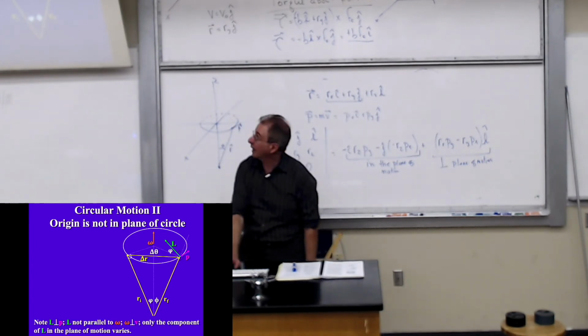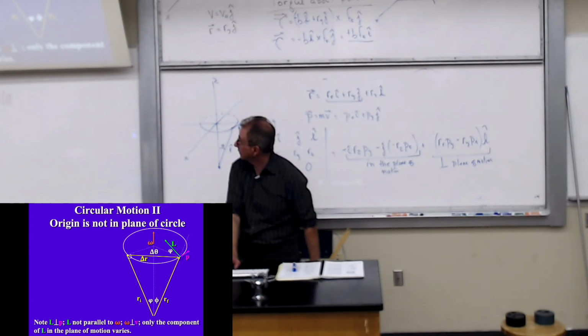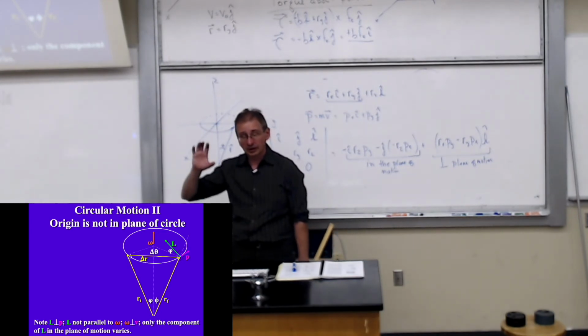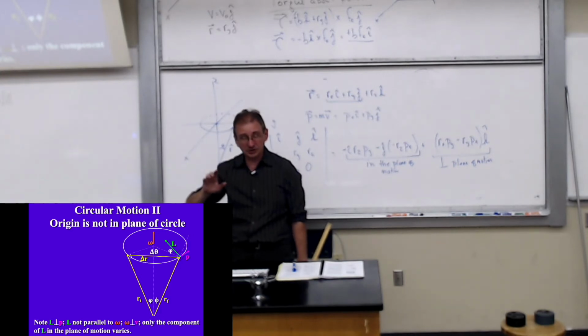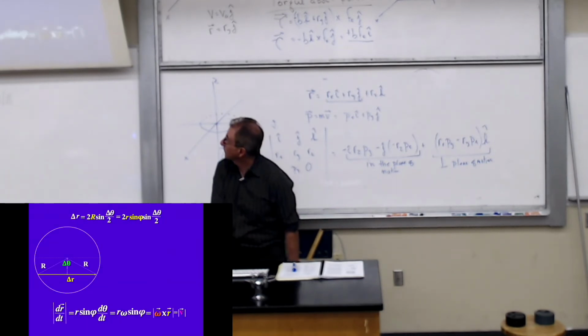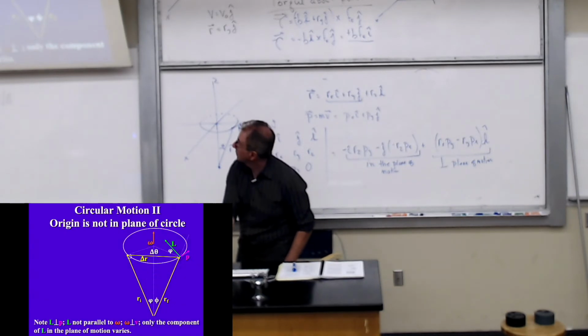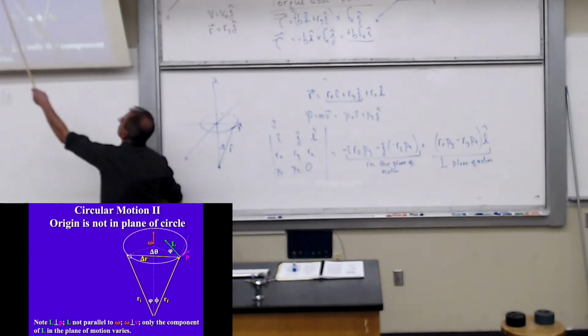I want to look at a top view of this. Now remember, the z component never changes. Only the component of the angular momentum in the plane changes. Top view. Okay? We're going to go from here to here.